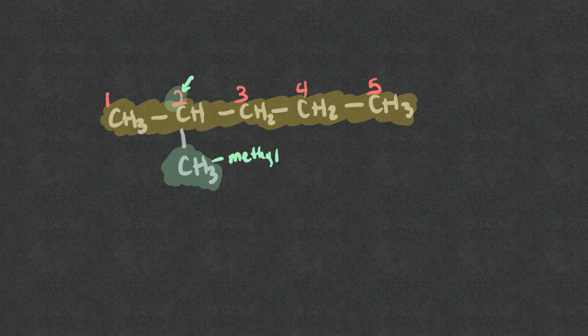Now, remember, the first thing I stated in this video is that the naming is always in this order: you have your prefix, parent, and your suffix. Your prefix is the substituent and which carbon it's on.